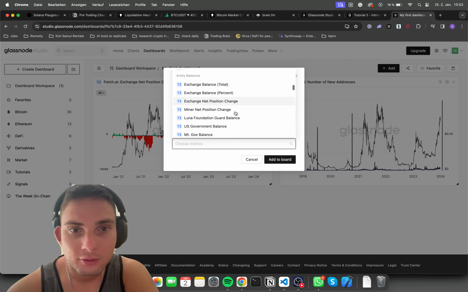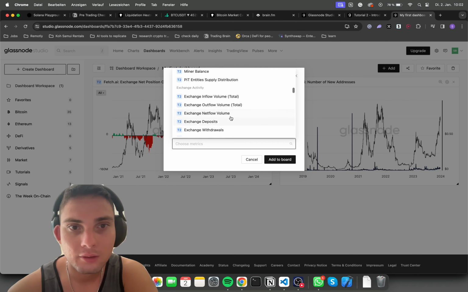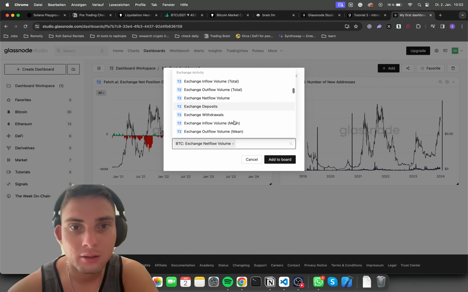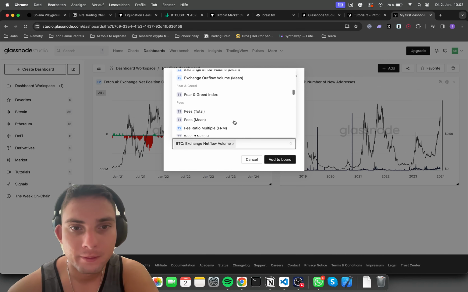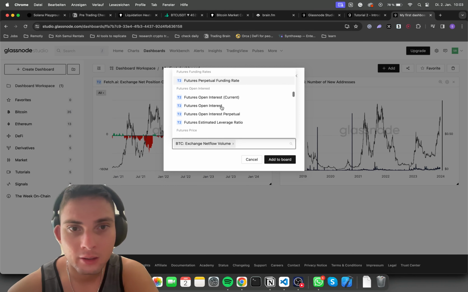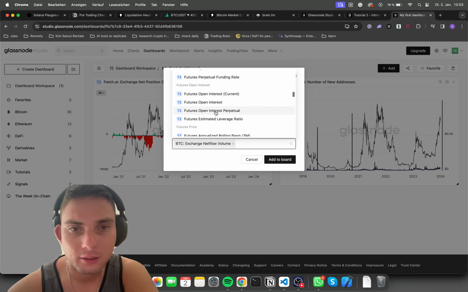Exchange net position change. Funding rate, can be open interest. Perpetual.